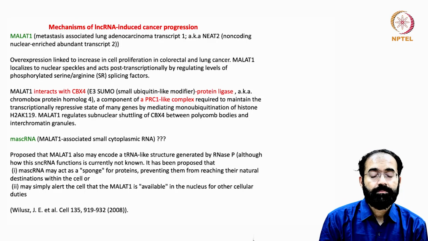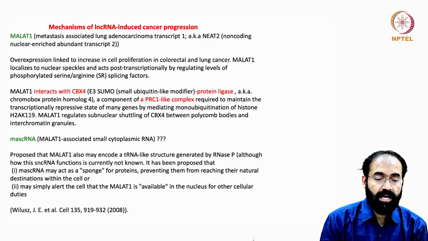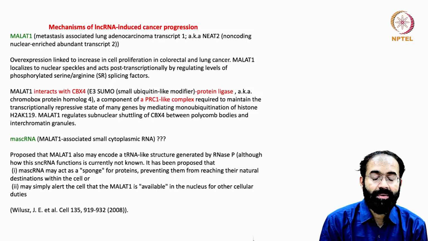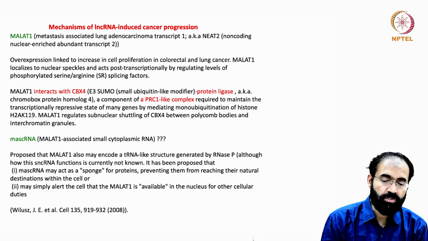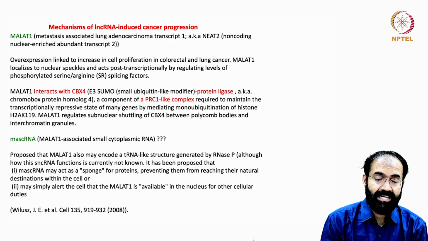Another non-coding RNA that comes into the picture is MASC RNA, that is MALAT1-associated small cytoplasmic RNA. It is proposed that MALAT1 also encodes a transfer RNA-like structure generated by RNase P action, which is a ribozyme.